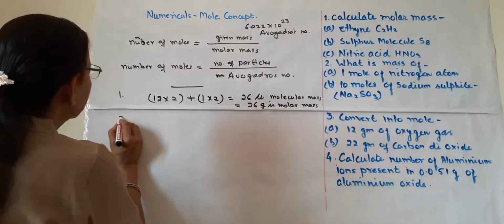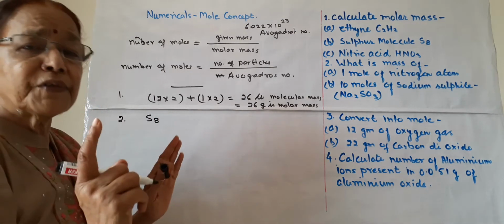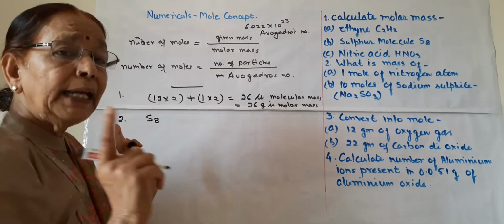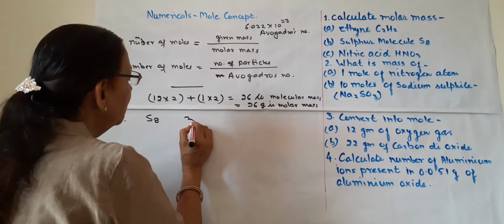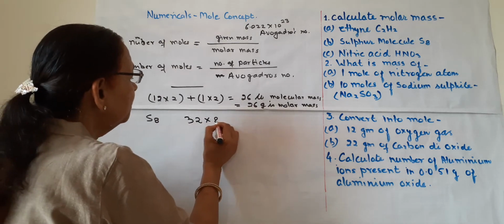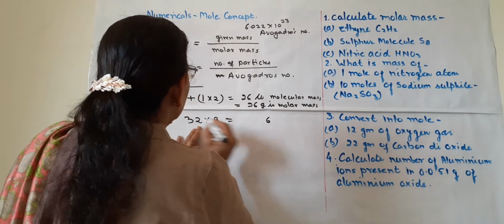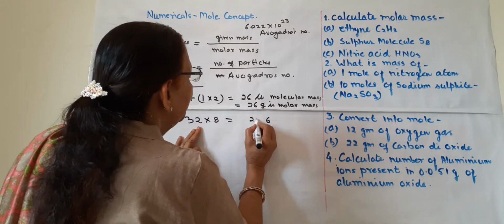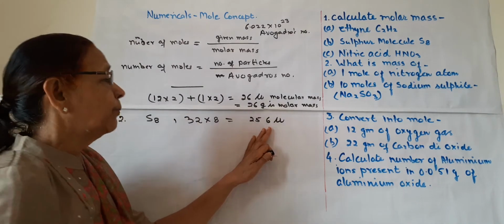Then second is sulfur. One molecule of sulfur, it is formed by 8 atoms of sulfur, and the atomic mass of sulfur is 32. So molecular mass will be 32 into 8. It will be 256U. This is the molecular mass.